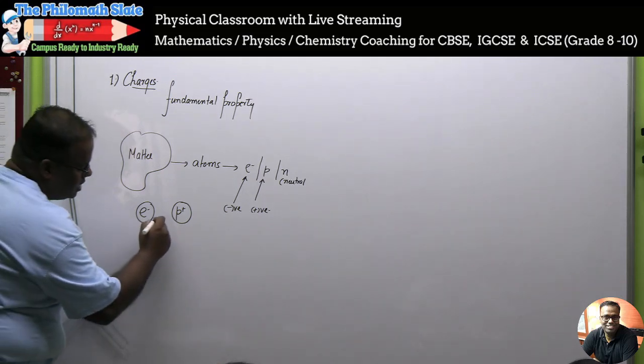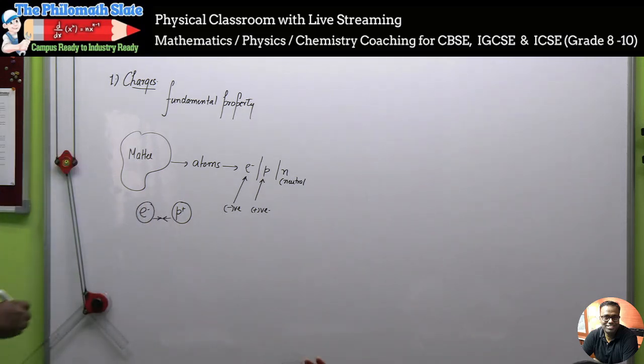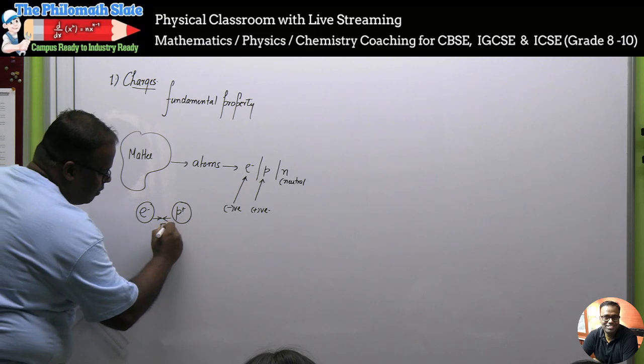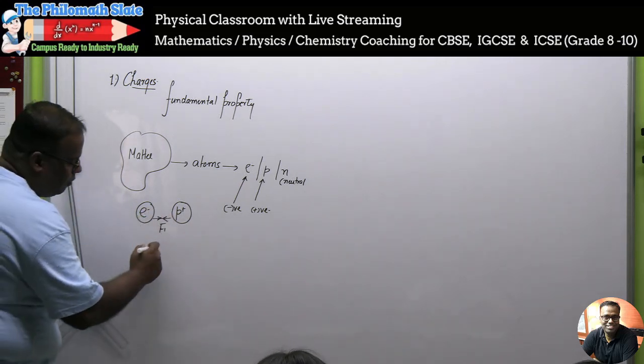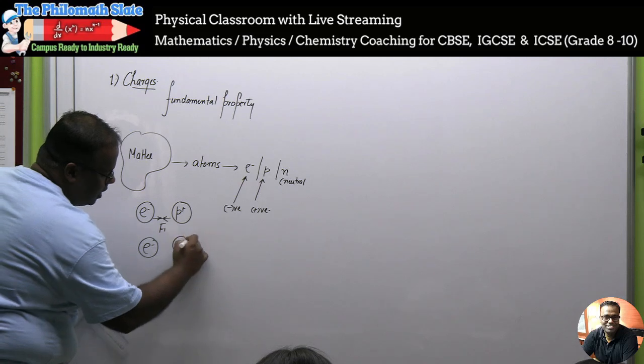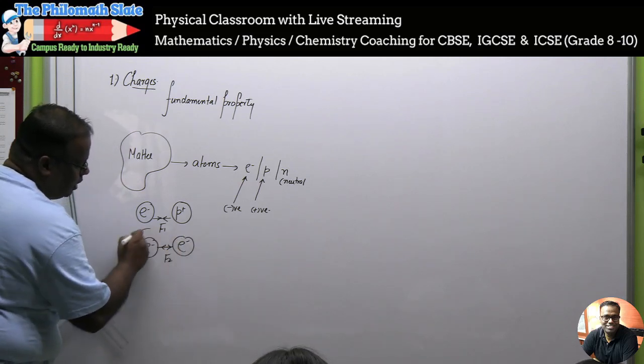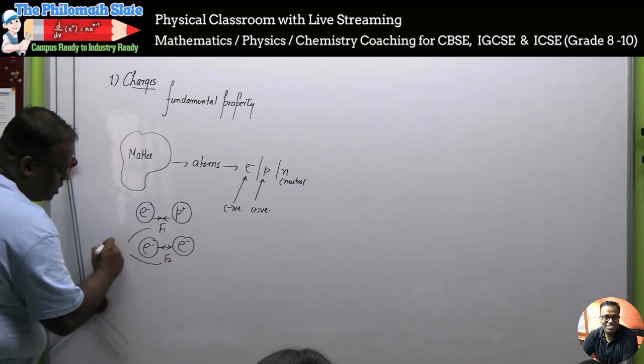However, in this case, they found that there is an attractive force between the two. Let's say there is an attractive force F1 between the two. Then they brought an electron and an electron, and then they found that there is a repulsive force F2. However, they find that these two forces in terms of their magnitude are exactly equal to each other.